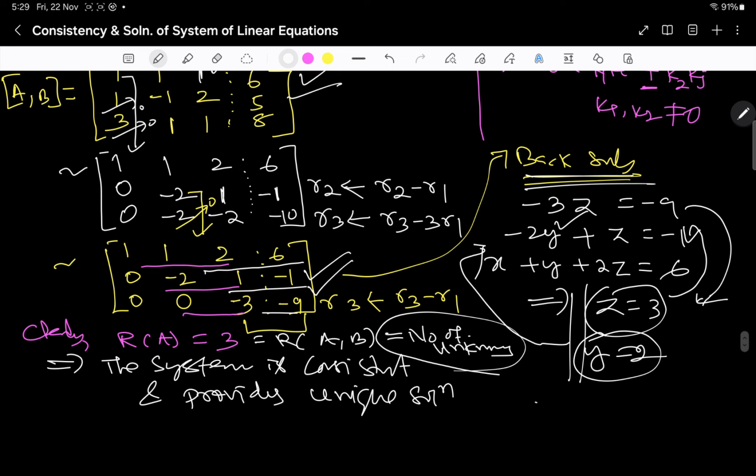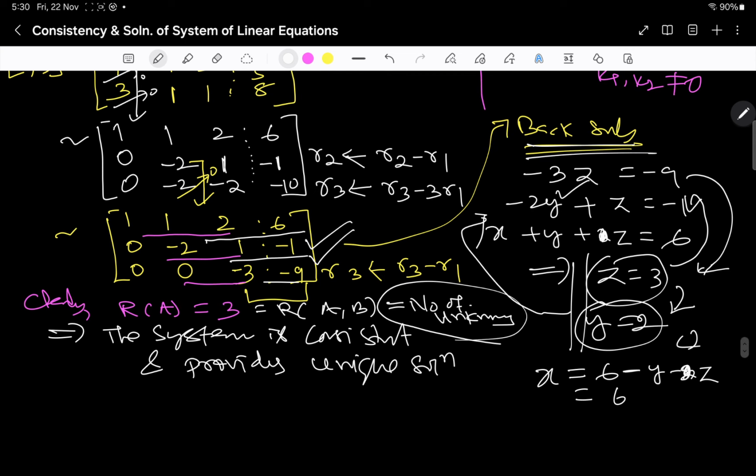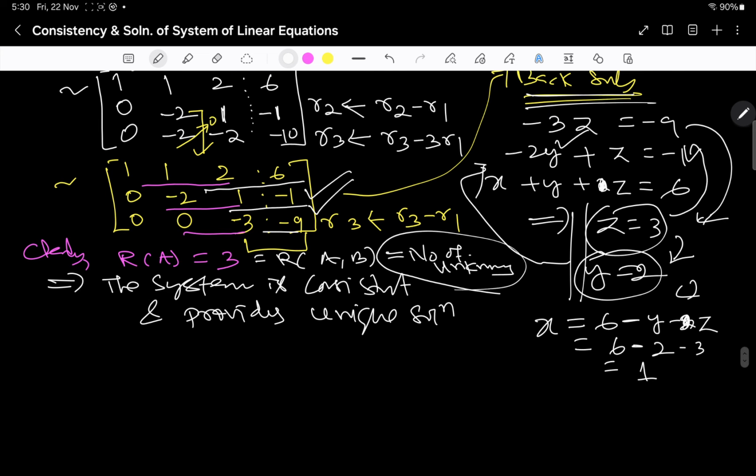So here x will be 6 minus y minus 2z. You substitute the values here. So this will be 6 minus 2 minus 3, which is 1.